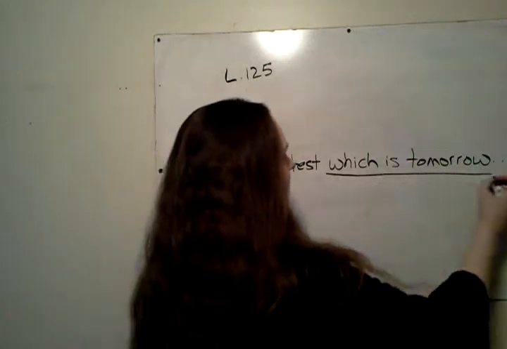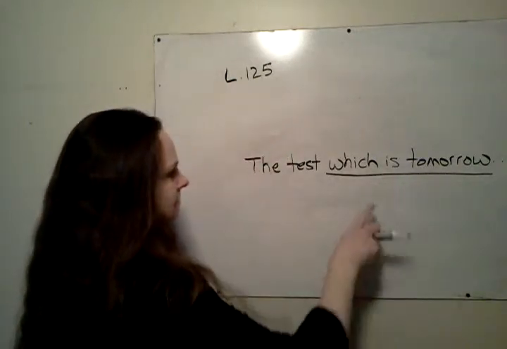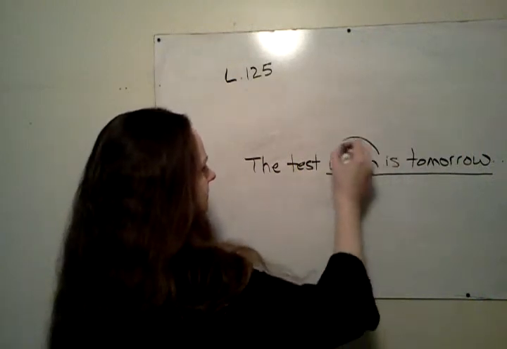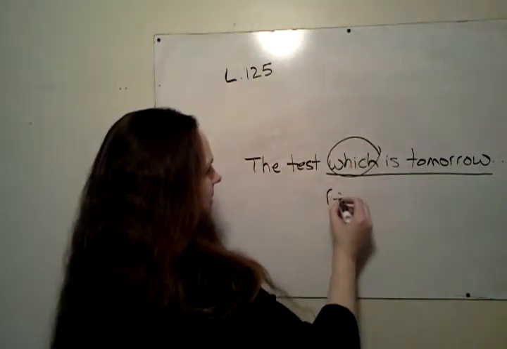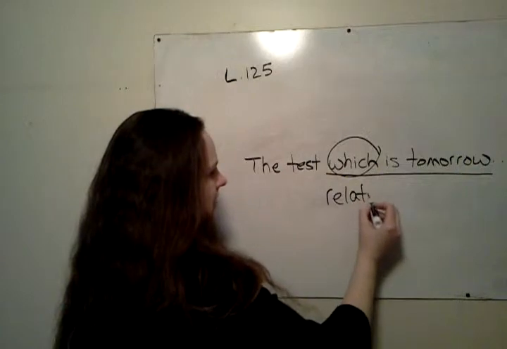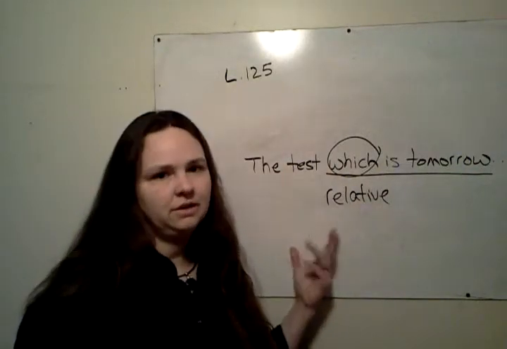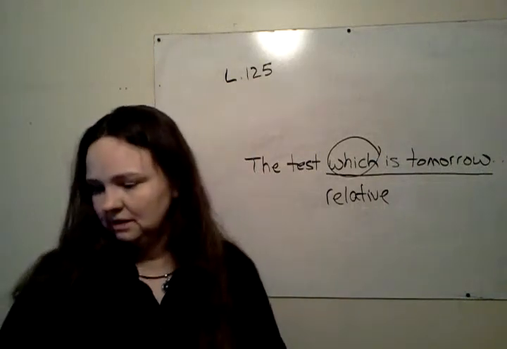And this right here is an adjective clause because it tells you which one about the word test. We called this word right here a relative in an adjective clause. It's the same principle, it's just that in adverb clauses we call them subordinating conjunctions.